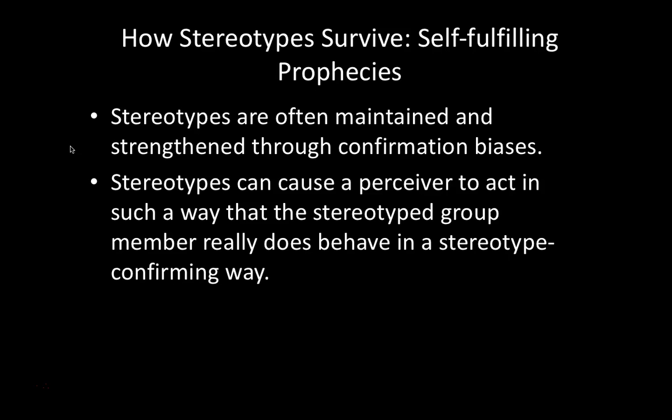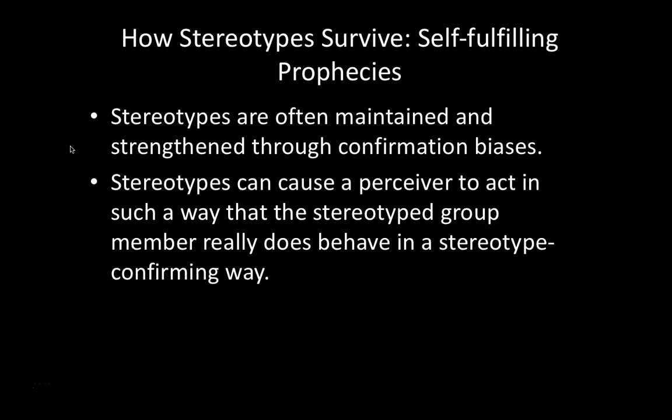Okay, so if you act in a very, I don't know, let's take a stiff, sort of less than friendly manner toward a member of a group for which you have a negative stereotype, because you're nervous or whatever the case may be, you may pull for the very behavior that you have the stereotype about.